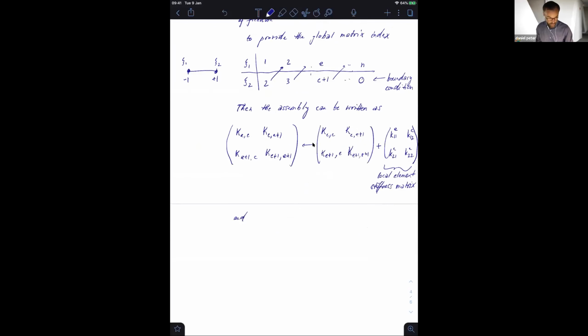So the same we can do for the force vector. So we have F_E, F_(E+1), where we add to the existing ones the local contribution.